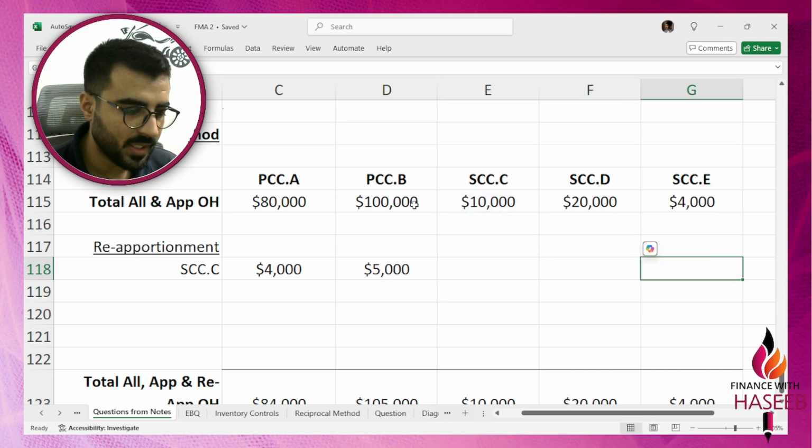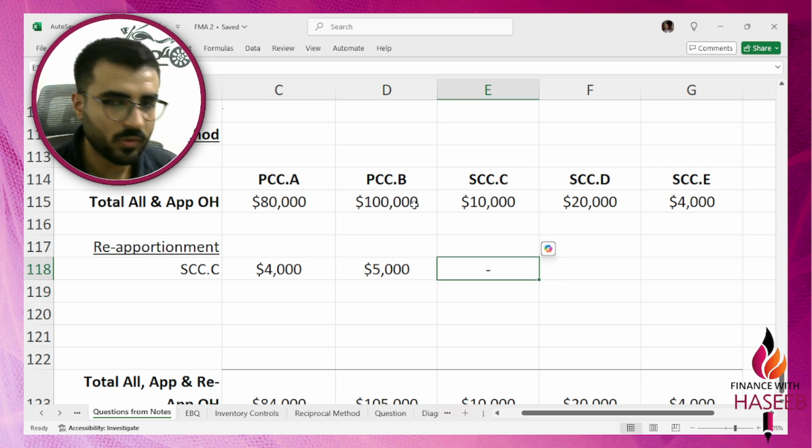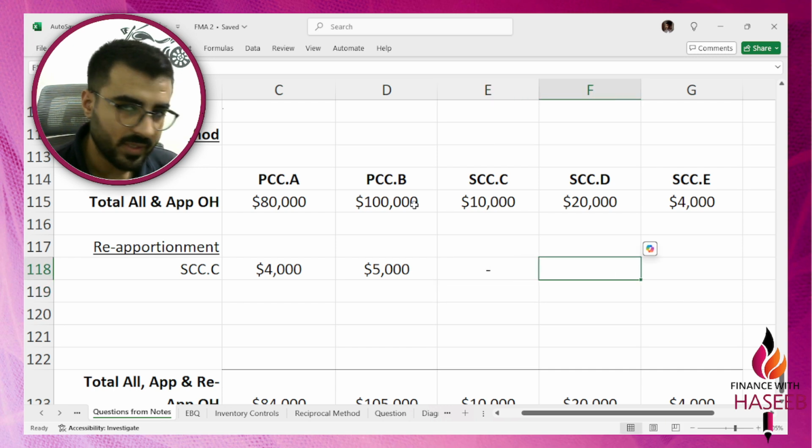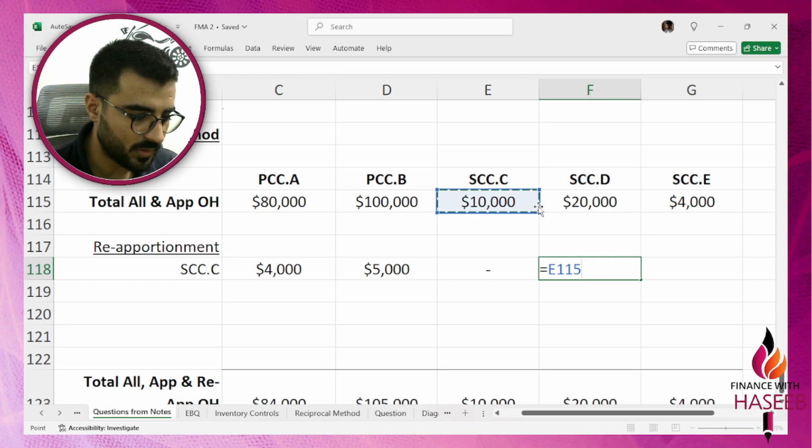You have to always ignore self-servicing even if it is given. So let's move towards service cost center D: 8% and 2%. So 10,000 multiplied by 8% and 10,000 multiplied by 2%.